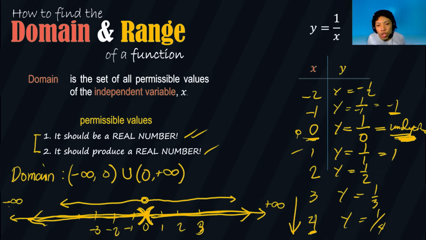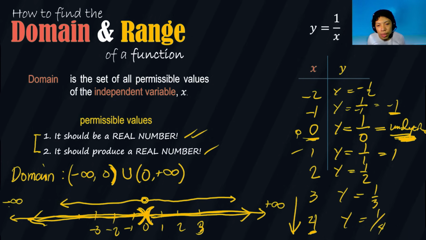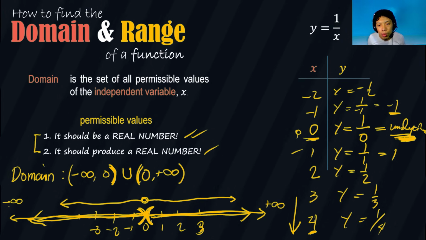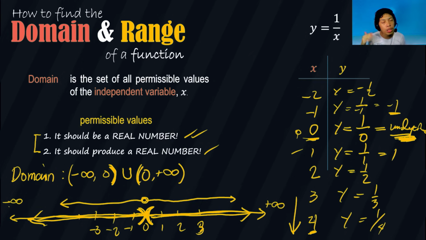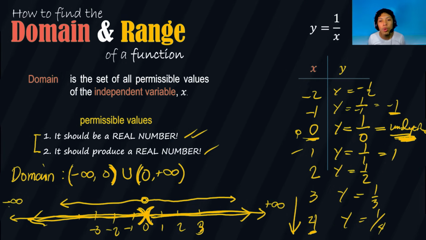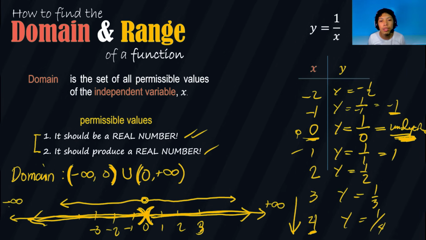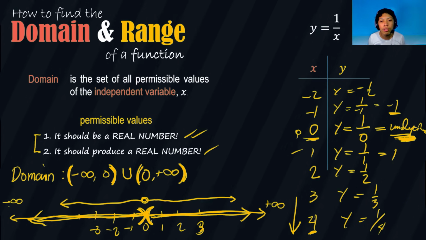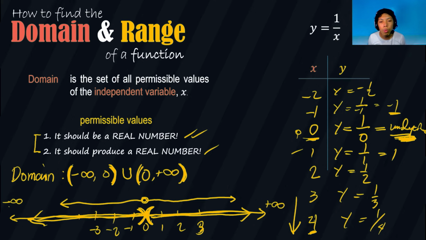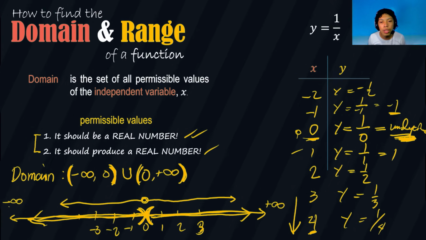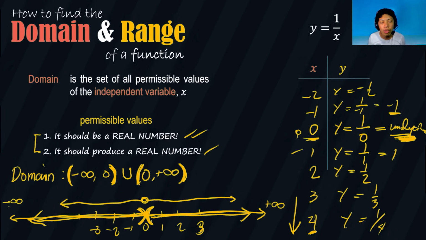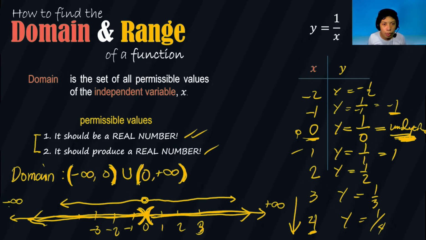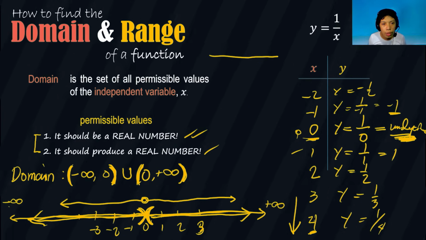Okay? We used parentheses. By the way, for infinity, negative infinity or positive infinity, we always use the parentheses. Now, why did we use parentheses here? It's because 0 is excluded. For example, we have a number line here.